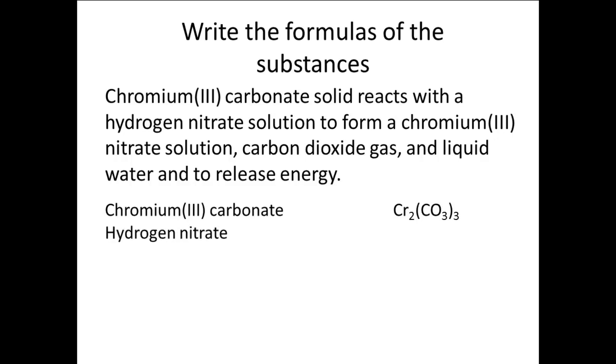We know that hydrogen nitrate is HNO3, because the hydrogen ion is H+ and nitrate is NO3-. And chromium-3 nitrate is Cr(NO3)3, because chromium-3 is 3+ and nitrate is NO3-.